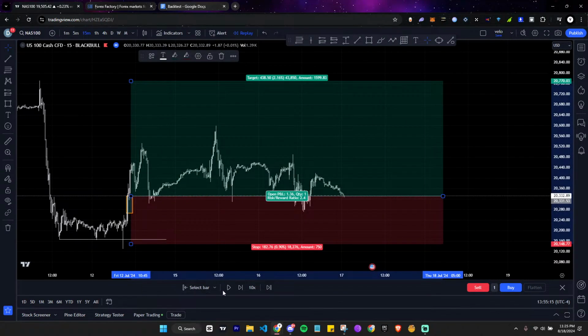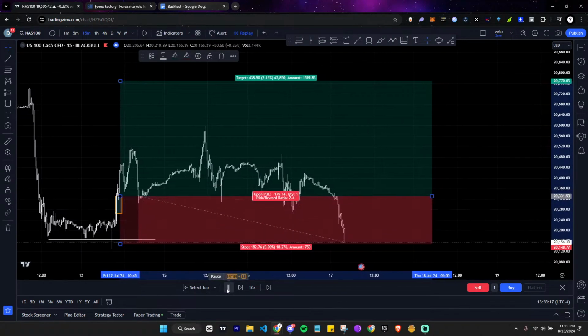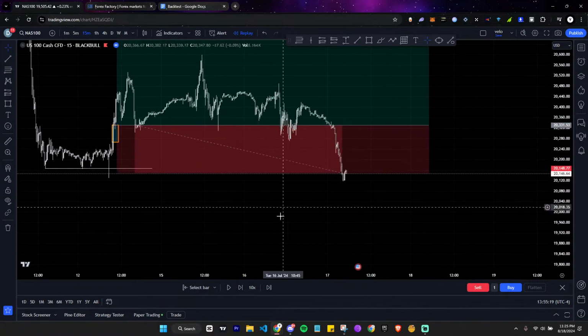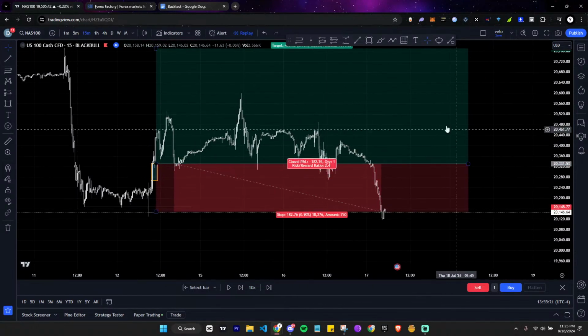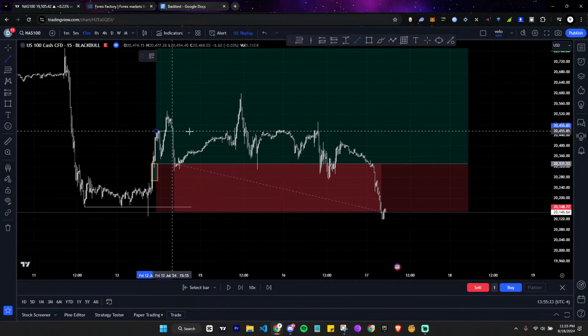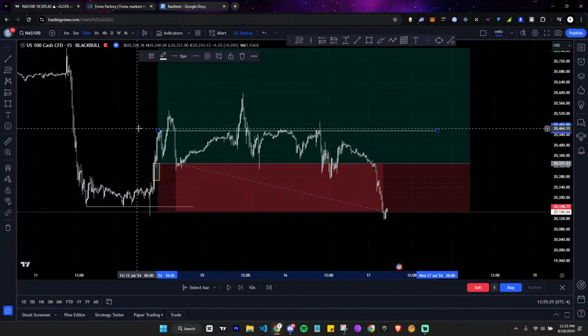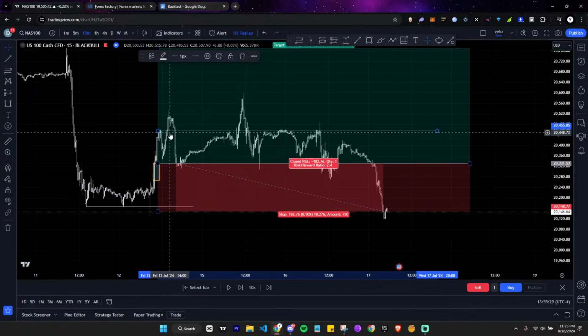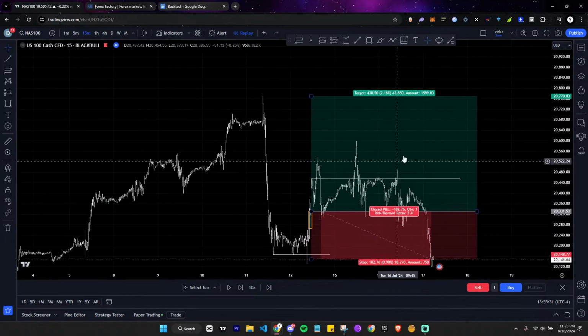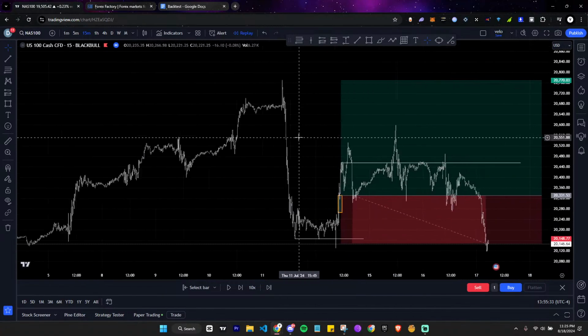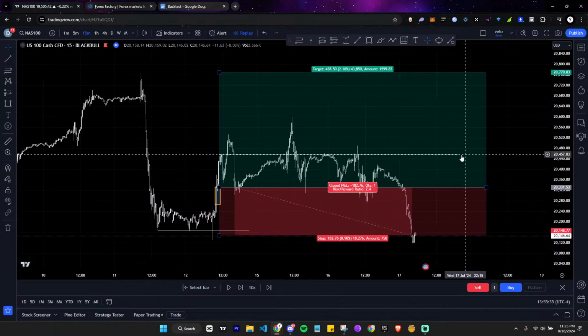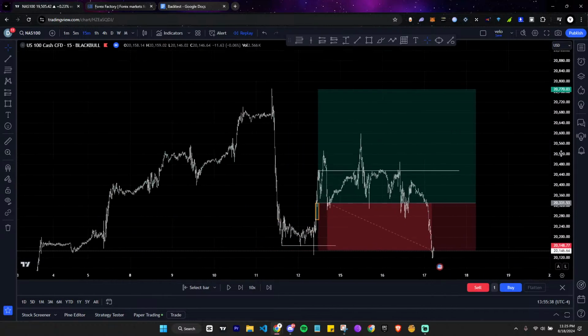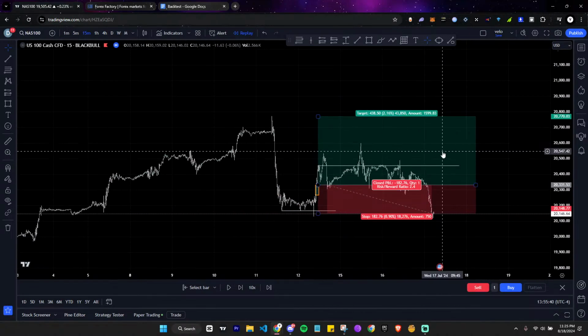If it goes on for way too long, that means it's basically refusing to close above a specific price range. In this scenario, it's refusing to close around this area right here, which means price is refusing to go higher. What is this indicating? The fact that you can't really go higher than this. It's a rejection zone.